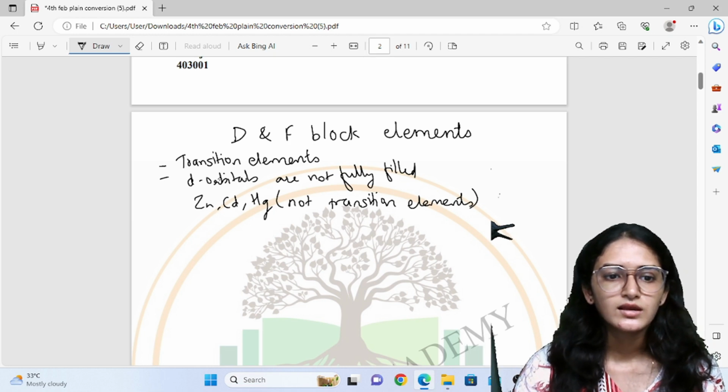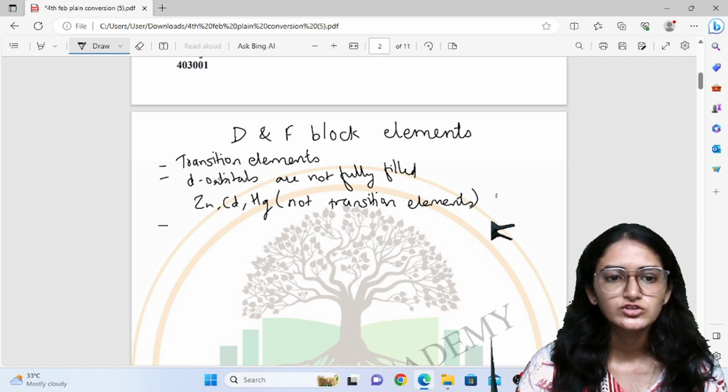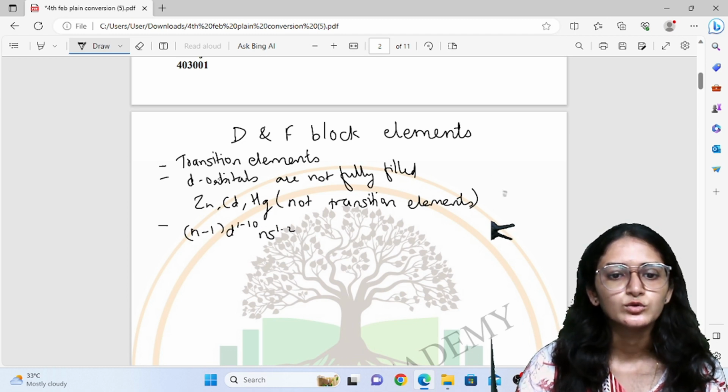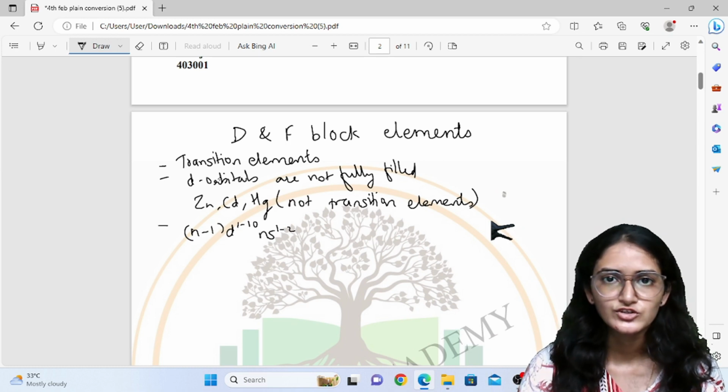Next is the general configuration of the D block, that is (n-1)d 1 to 10, ns 1 to 2. This is the general electronic configuration of all the D block elements.